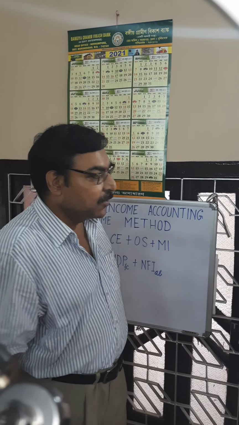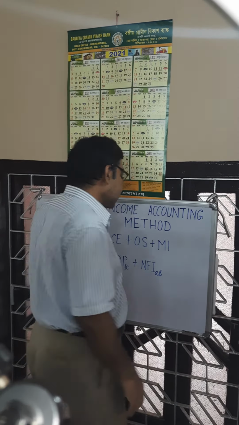Now in every sector, income generates in three categories. In primary sector, or in secondary sector, or in tertiary sector, income generates in three categories. What are these three categories? Number one, CE means compensation of employees. Number two, operating surplus.